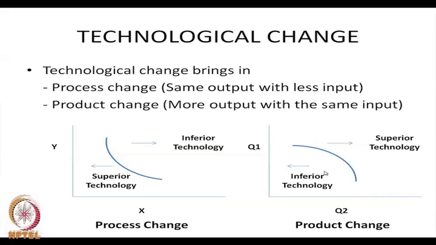Now, technological change is a vast area and a lot of studies have been made in this area, and we have not discussed them here. So, if I summarize what we discussed today, to start with, the quantity produced in a company is a function of various input factors, and our interest was to find out if we increase one factor, how much change is happening in our quantity produced.